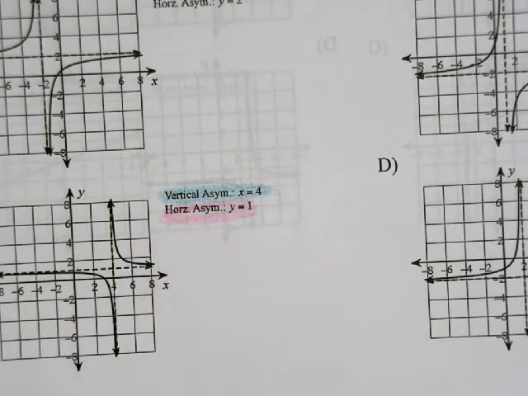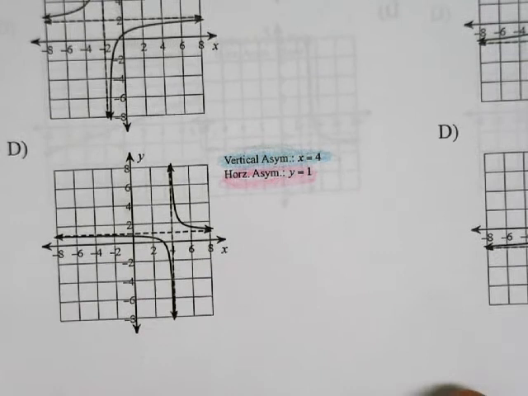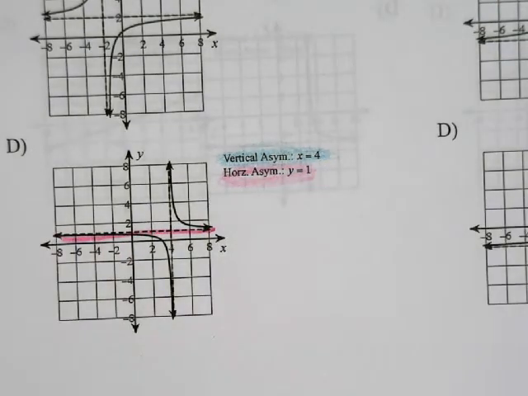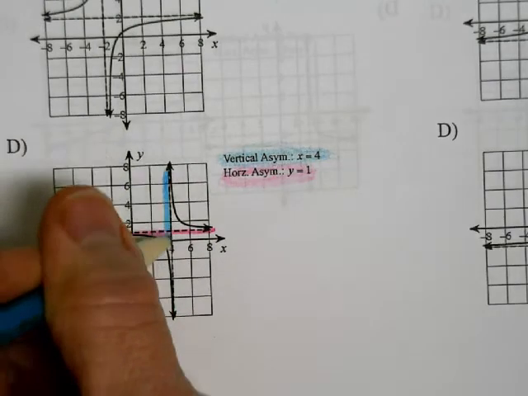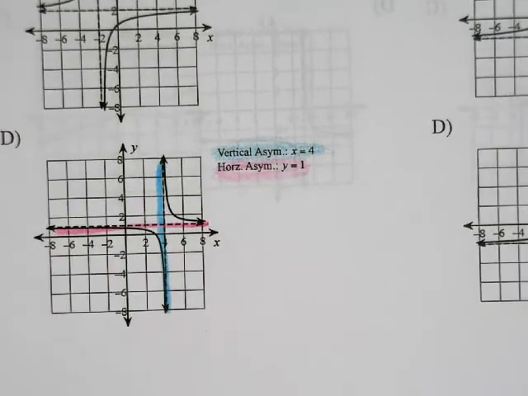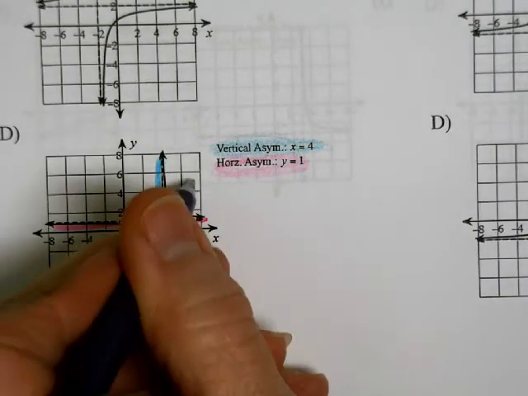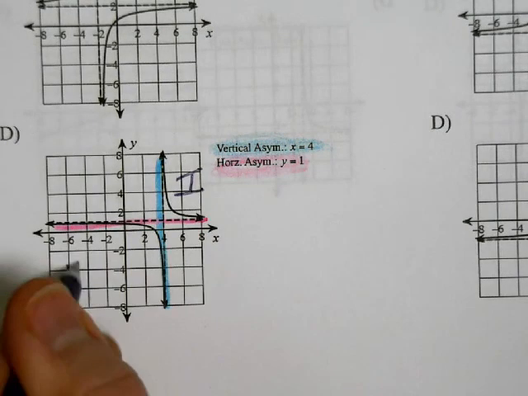What you're looking for? This one was the pink line. This is the blue line. And because there was no negative in front of the rational function, it lives in regions 1 and 3.